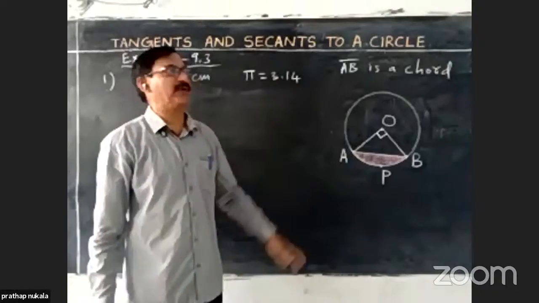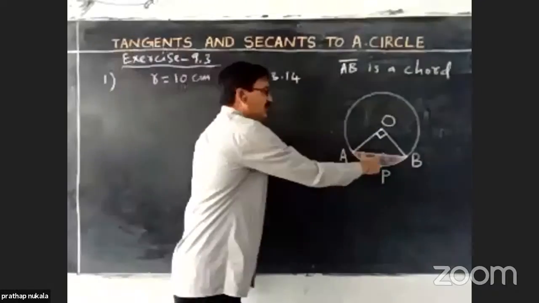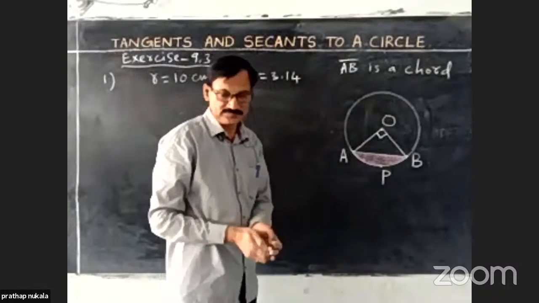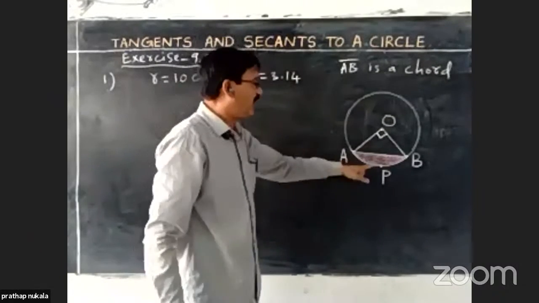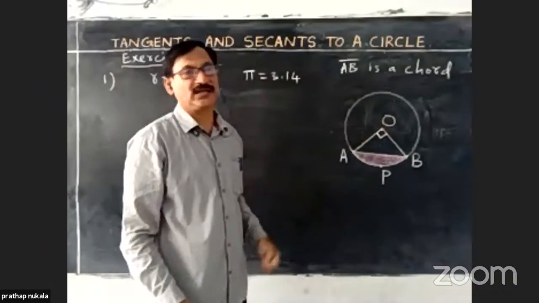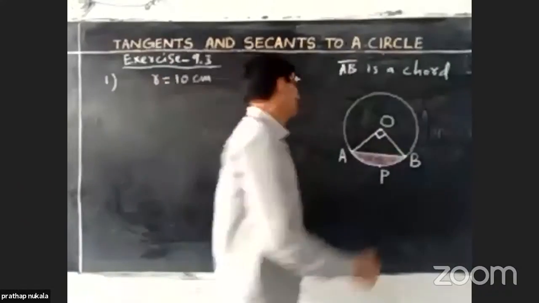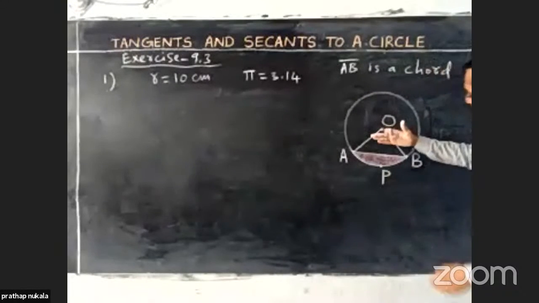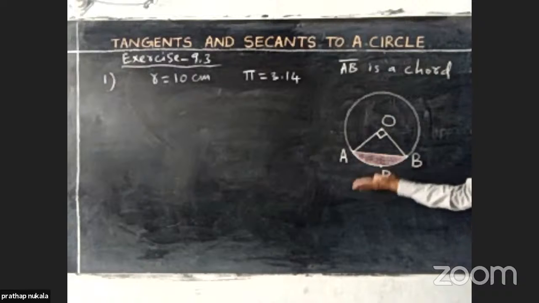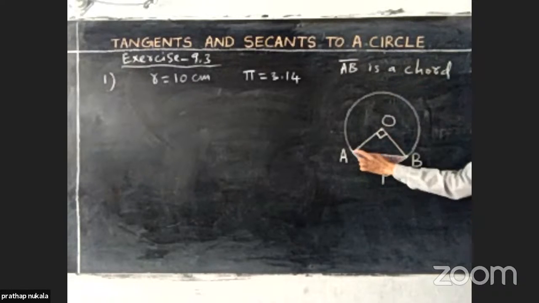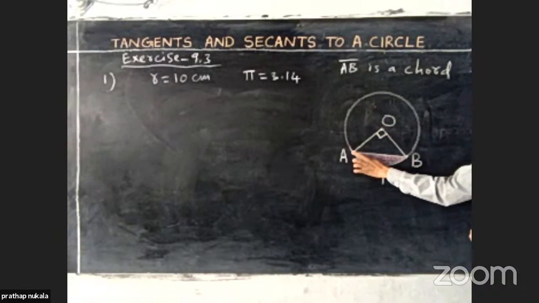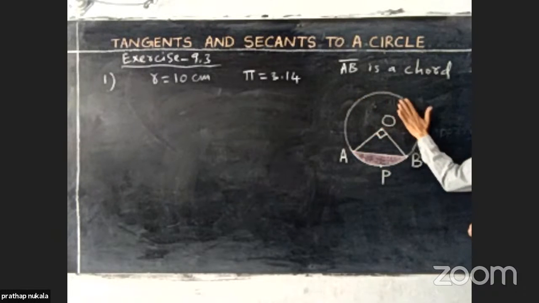This is the minor segment of the circle. We have to find the area of the minor segment. After finding that, we have to find the area of the major segment. Already we have discussed it earlier. If you cut this lower portion, the remaining part of the circle above the chord AB is known as the major segment.